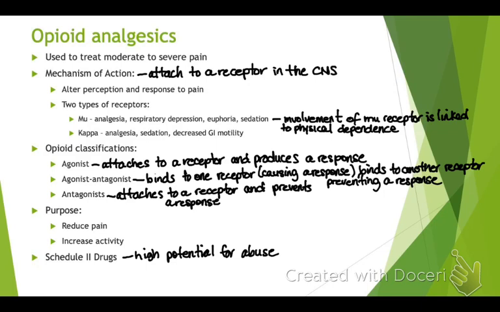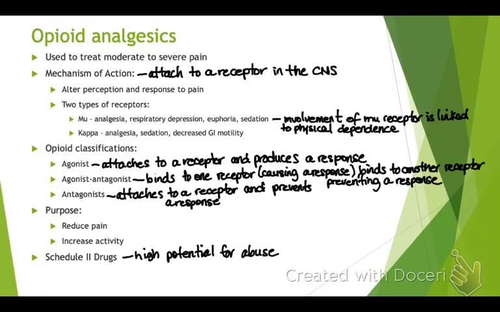So these opioids will bind, let's say, to the kappa receptors to produce the response, but they will bind to the mu receptors to prevent a response. And then your antagonists are opioids that attach to a receptor and prevent a response.